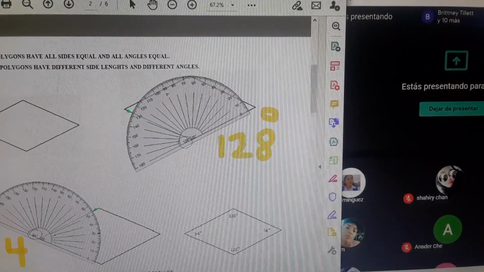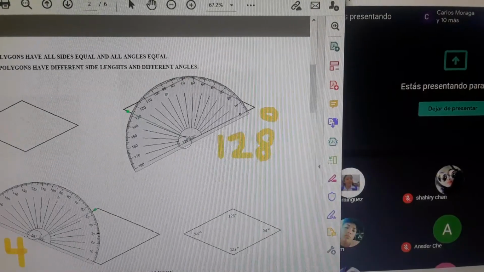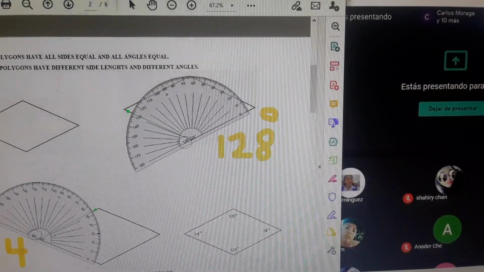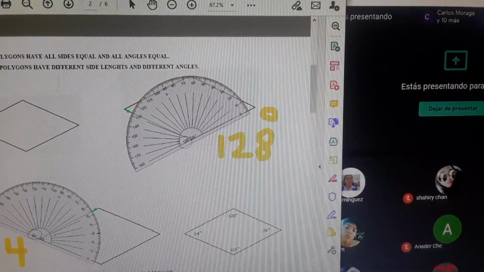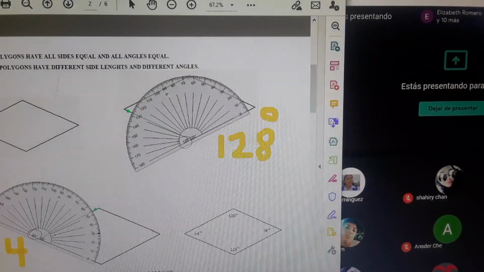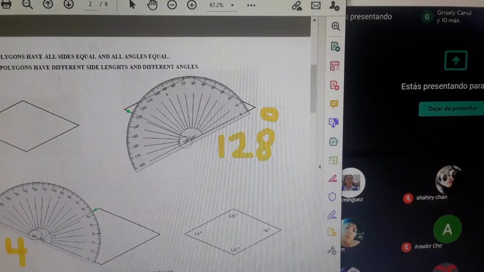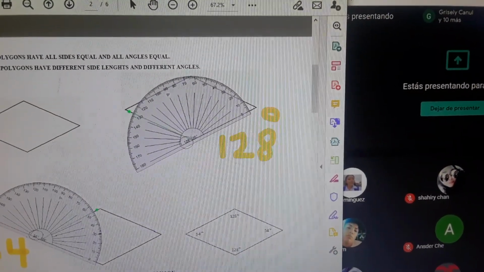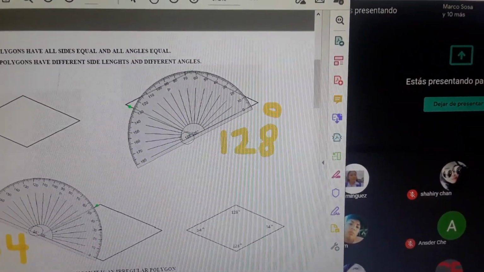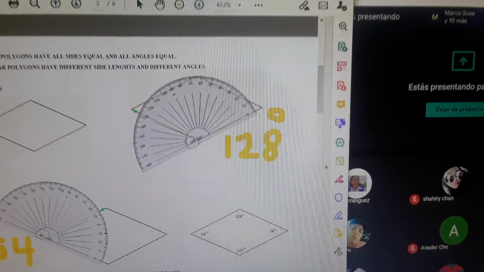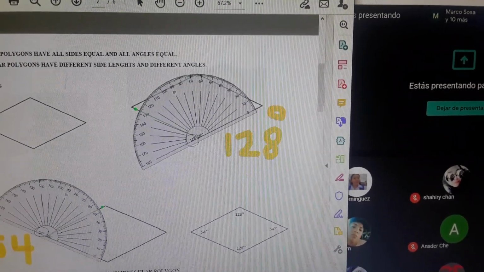I can see that it is not a regular, it is an irregular. Why do you think it's an irregular? It has different angles. It has different angles, yes, okay. The meaning of a regular polygon says that all their angles are the same.